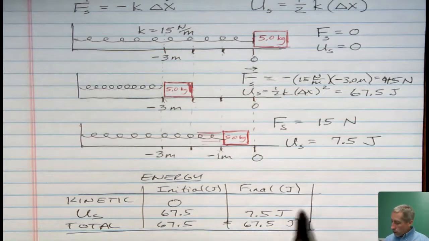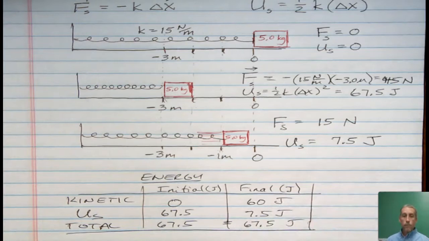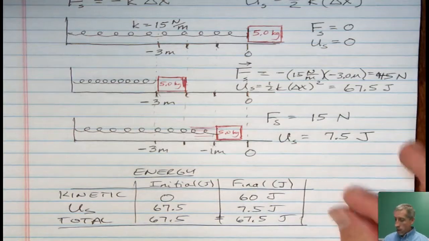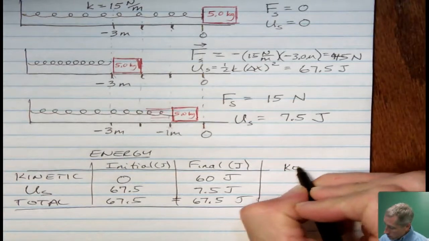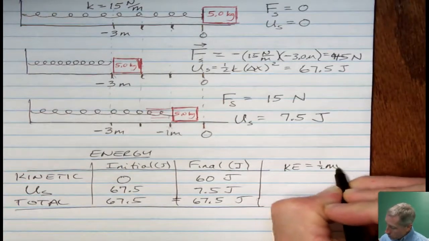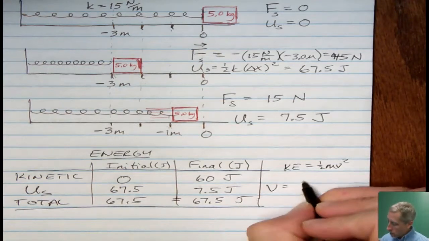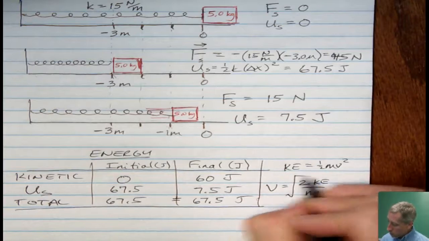Well, now I can see to have 67.5 joules of total energy, I'm going to need 60 joules of kinetic energy. So how fast does this object have to be going to have 60 joules of energy? Remember, the kinetic energy is 1/2 mv squared, or a lot of times we use it in this form: the velocity is 2 times the kinetic energy divided by the mass, and then square rooted.